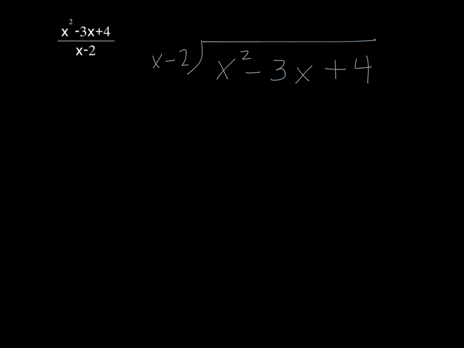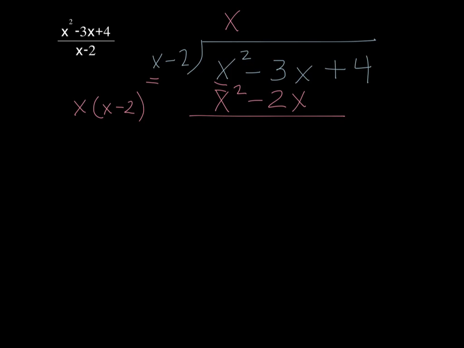And we begin the same way. We ask ourselves, what would I multiply just this x term by to get x squared? And our answer there is x. So we're going to multiply x times x minus 2, and we will get x squared minus 2x.